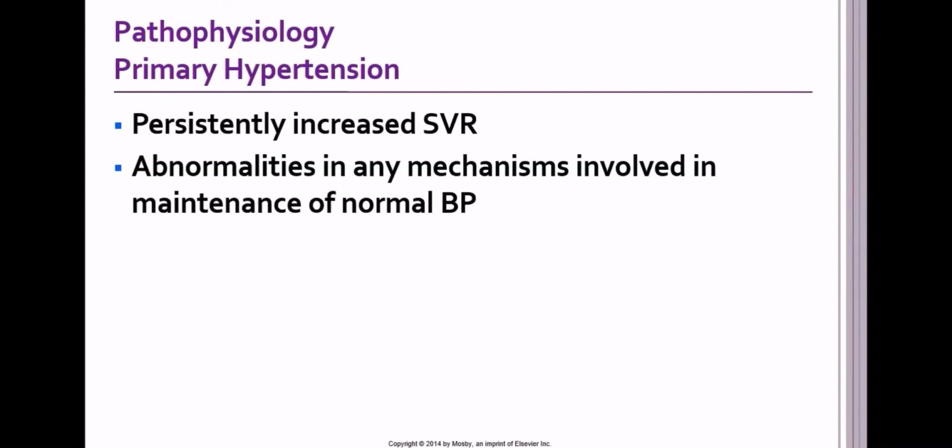The hemodynamic hallmark of hypertension is persistent increased SVR. This persistent elevation in SVR may occur in various ways. Abnormalities of any of the mechanisms involved in the maintenance of normal blood pressure can result in the development of hypertension. Several factors relate to the development of primary hypertension or contribute to its consequences.